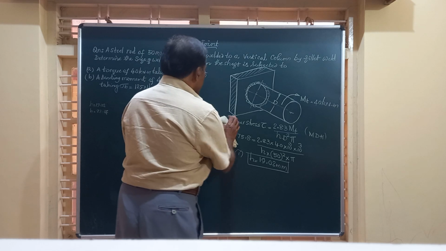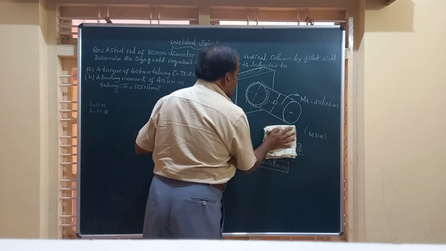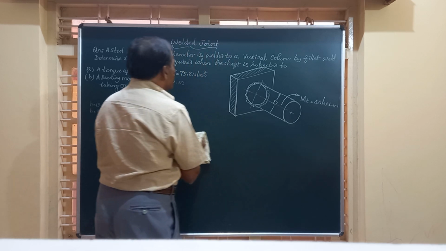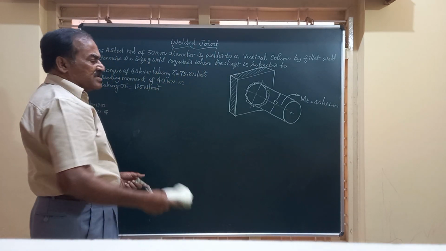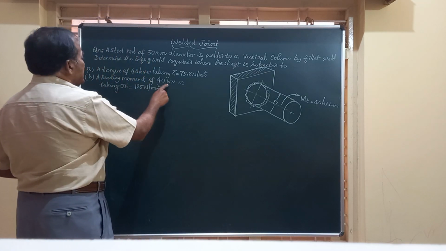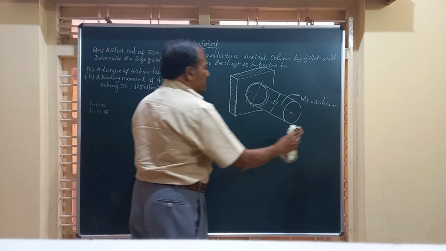Friends, in case number 2, we have a similar problem wherein the shaft size is the same, and instead of this torque there is a bending moment of 40 kilonewton meter.